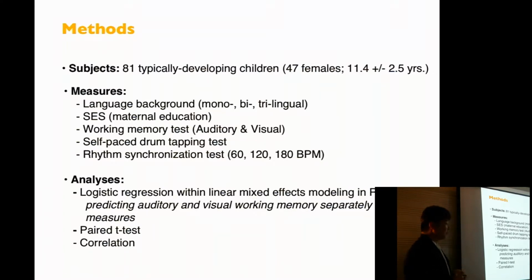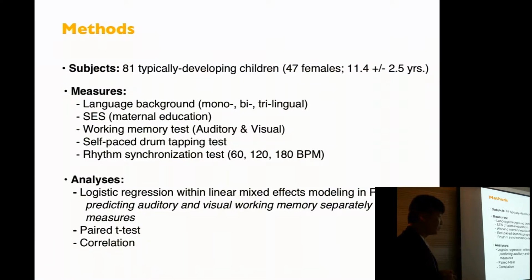These are the measures that we obtained. We measured their language background, whether they're monolingual, bilingual, or trilingual, and their SES, socioeconomic status. As a proxy, we measured mother's education level. We also gave them auditory and visual working memory tasks. I'm going to show you some examples. Just like what you guys did, we had kids do their self-paced drum tapping, and we also measured their rhythm synchronization.